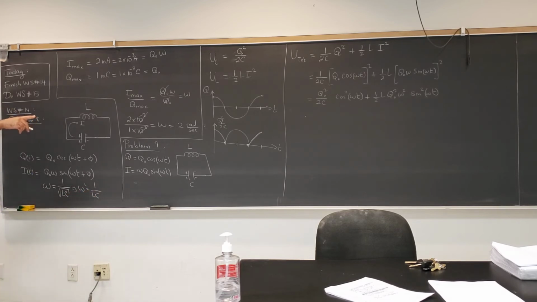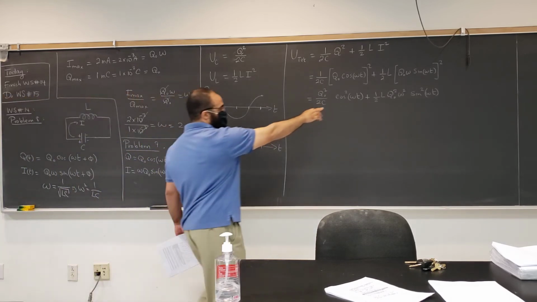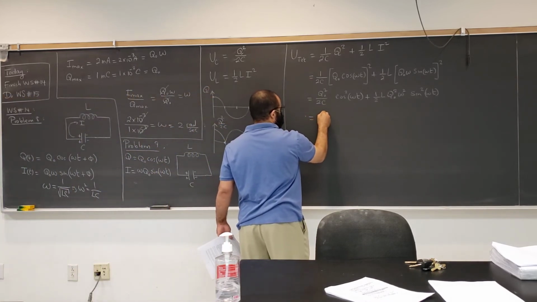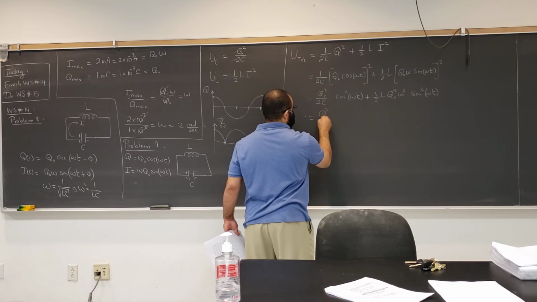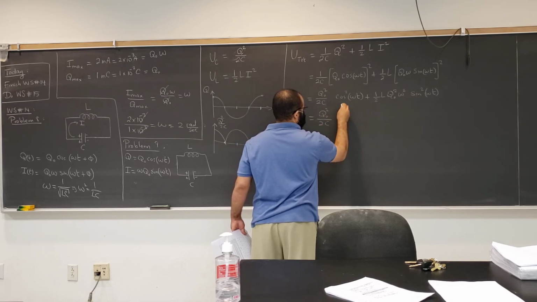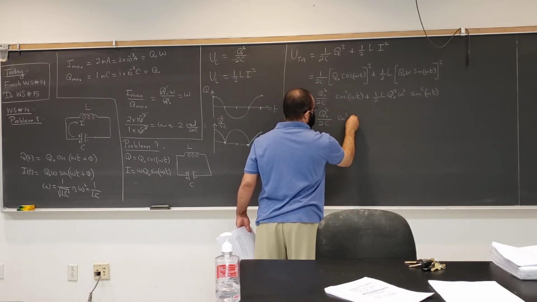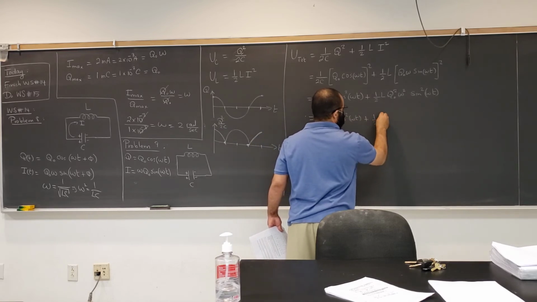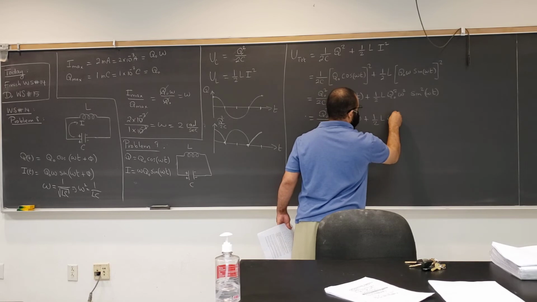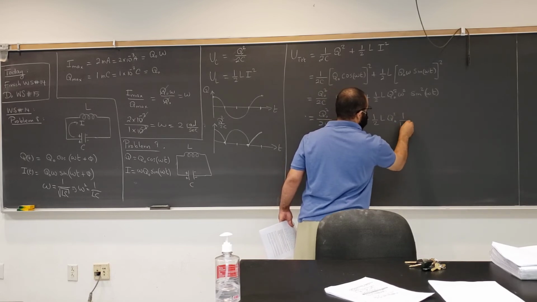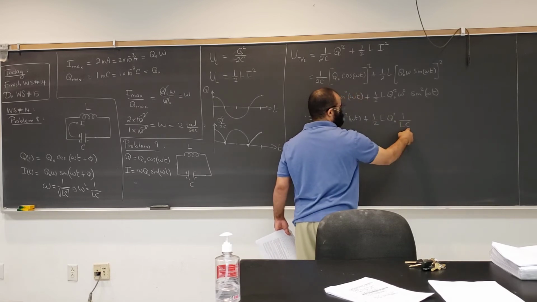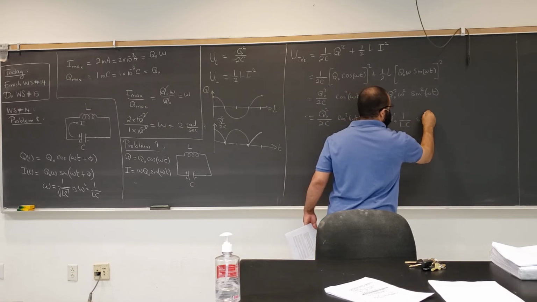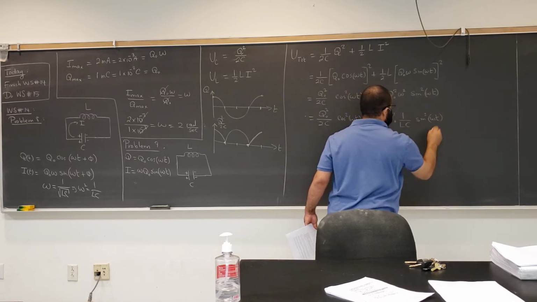So I'm going to replace this omega squared by 1 over LC. Let's see what we get. Q naught squared over 2C cosine squared of omega t plus 1/2 of L Q naught squared, and then 1 over LC, and then sine squared of omega t.